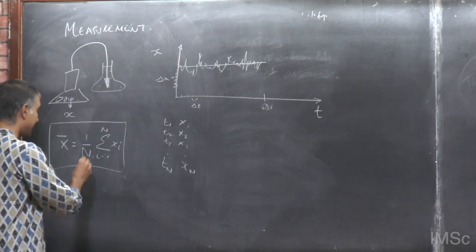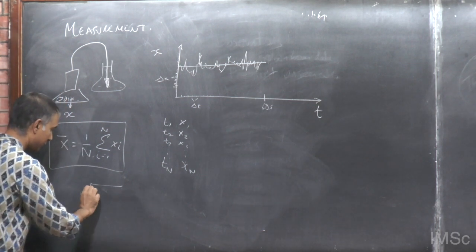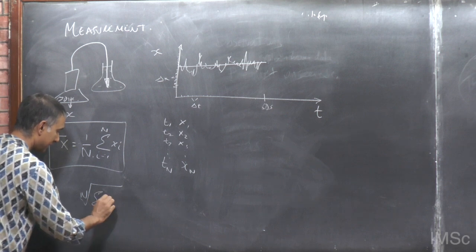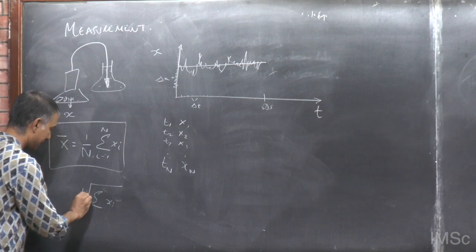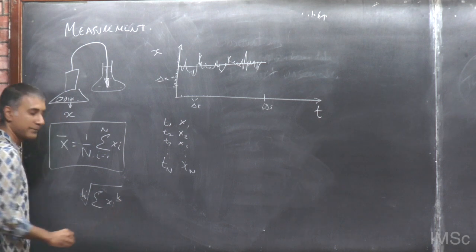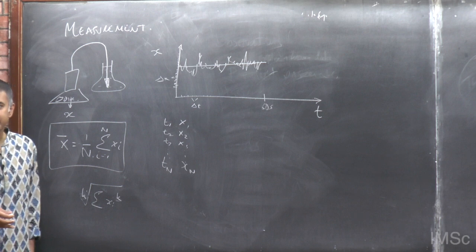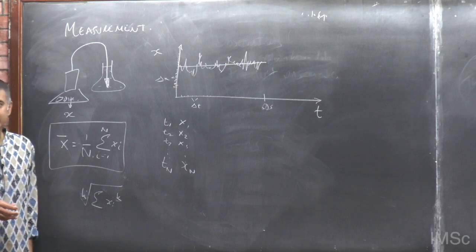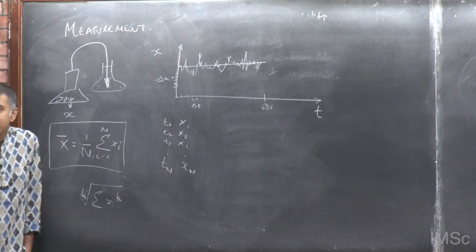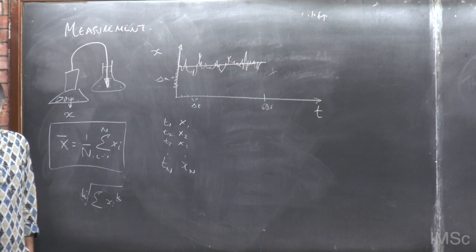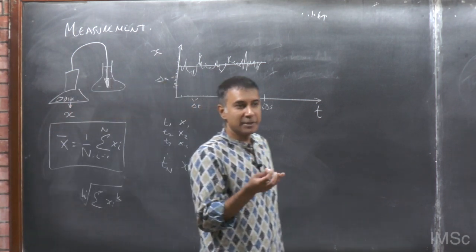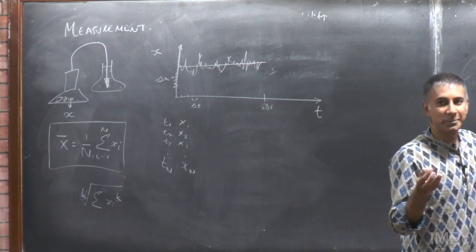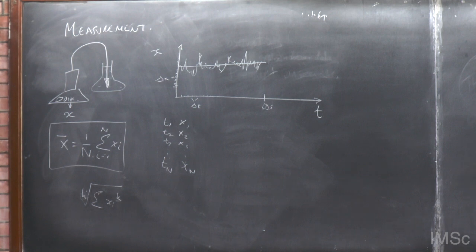Why didn't I pick the following thing? Why didn't I pick the nth root of sum of xi to the n, or rather the kth root of xi to the k? That will also give me a number. There are many ways to get a single number out of a bunch of numbers. The process of using a single number to represent a bunch of numbers is called what?